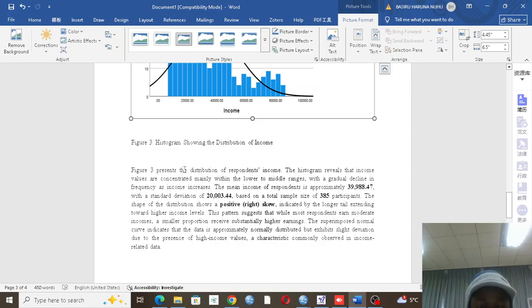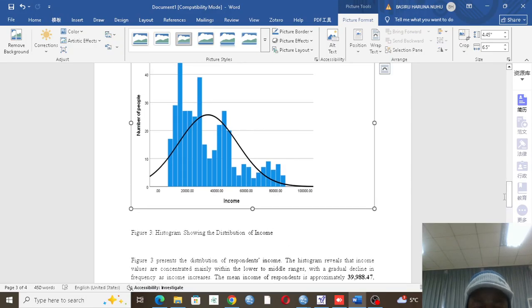Figure 3 presents the distribution of respondents' income. The histogram reveals that income values are concentrated mainly within the lower to middle ranges, with a gradual decline in frequency as income increases. So as the income keeps increasing, the frequency of earning the increased income also keeps decreasing. That is, the number of people keeps decreasing.